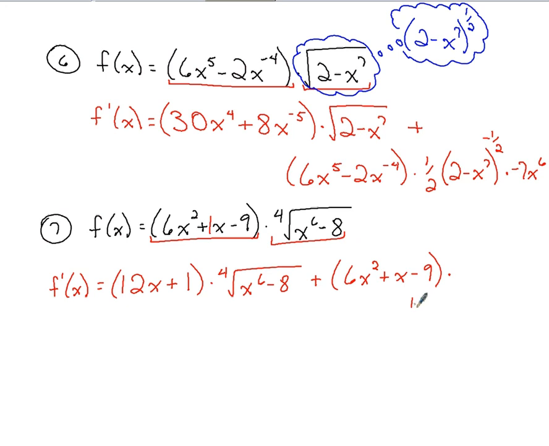I've got to bring down a 1/4. The x to the 6th minus 8 stays the same. Brought down a 1/4, so you're subtracting 1 from 1/4, you're getting negative 3/4. And we are tacking onto that the derivative of the inside, which is 6x to the 5th, because 8 goes to 0. There's your first derivative on 7.